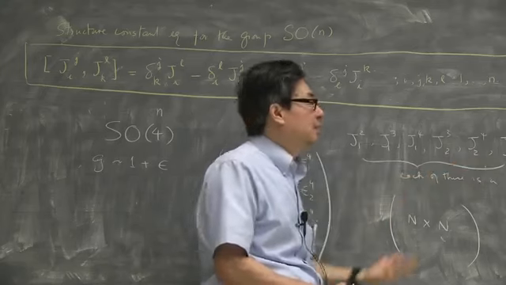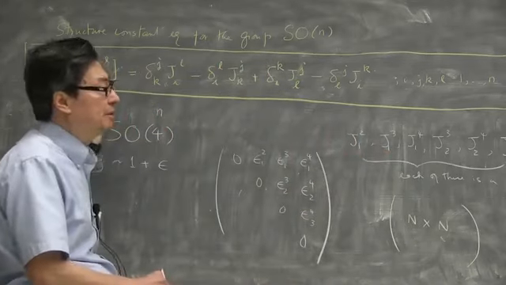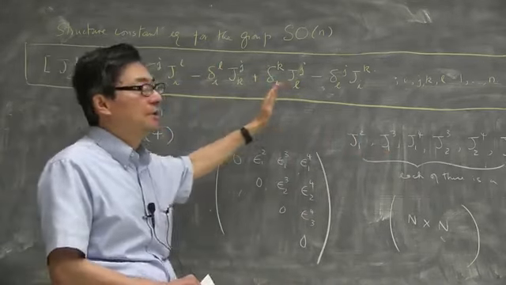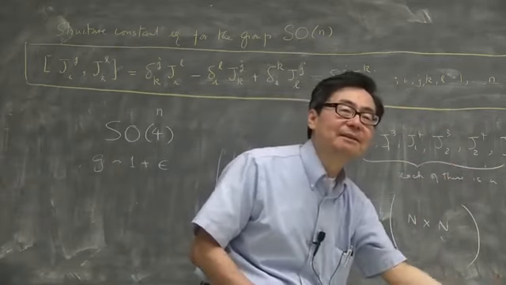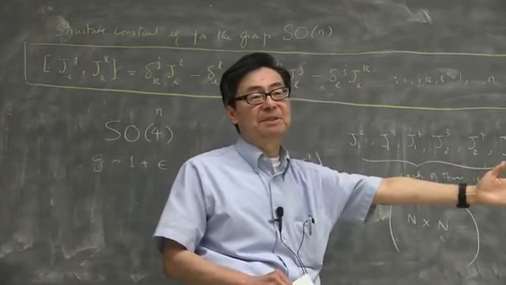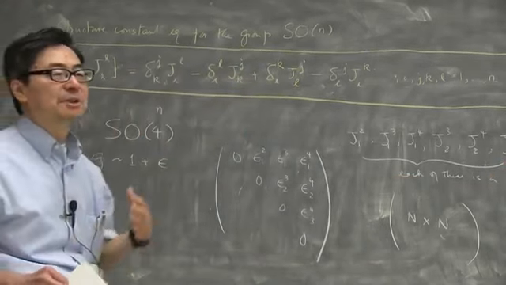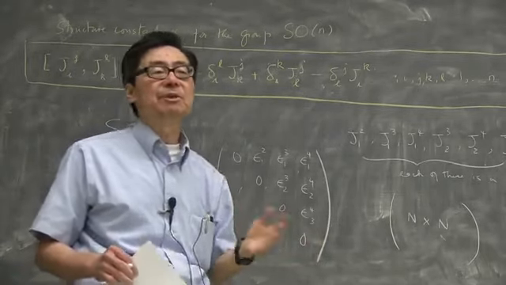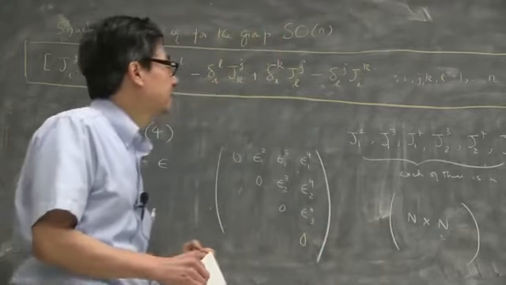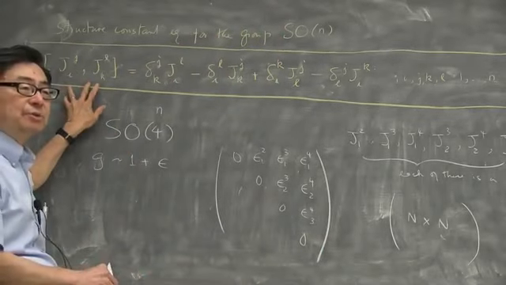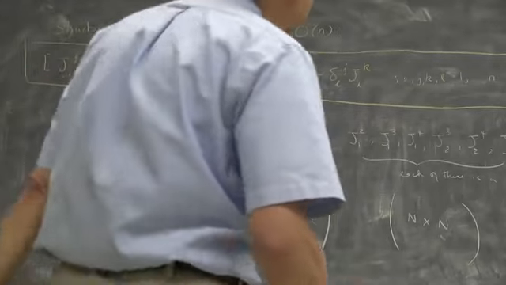Okay? So the point is, if you take any two of these and commutate them together, the result is going to be a linear combination of the same 6, which gives you another element in the same linear vector space. Okay? So that's why the entire Lie algebra can be viewed as a linear vector space. But on top of that, it also has an imposed multiplication rule which makes it an algebra. Okay? So that's why it's called a Lie algebra.